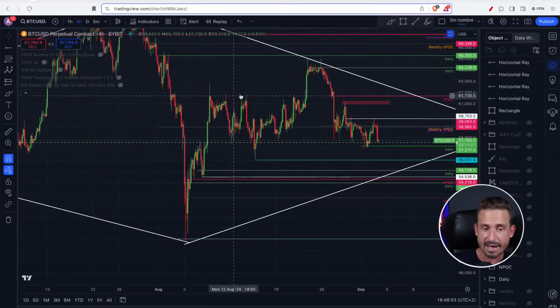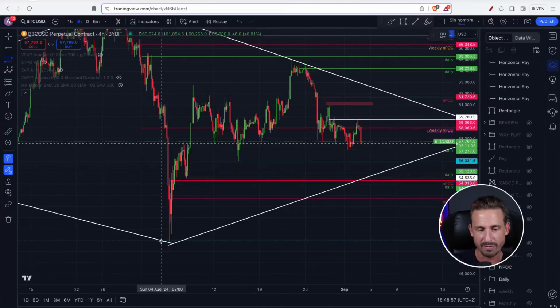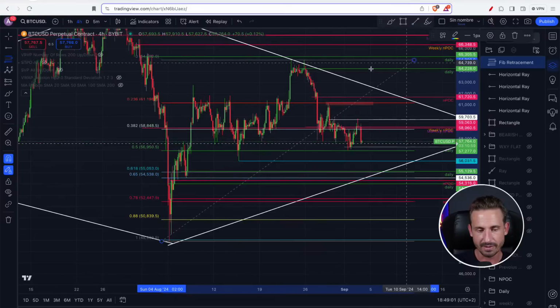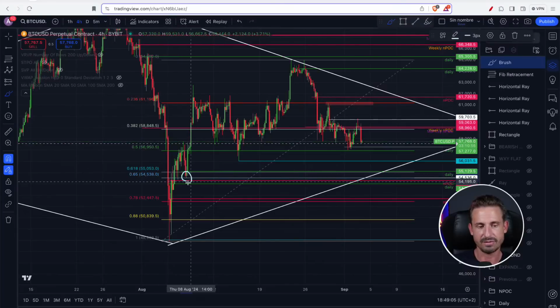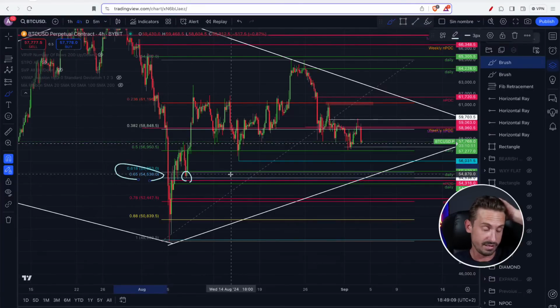And when we add more confluence, just aligning all of the planets for the perfect situation, we have the 0.618 Fibonacci golden pocket exactly at the lows, 61,865. It's exactly there. So this level is good, guys.